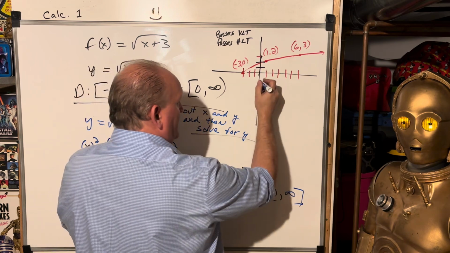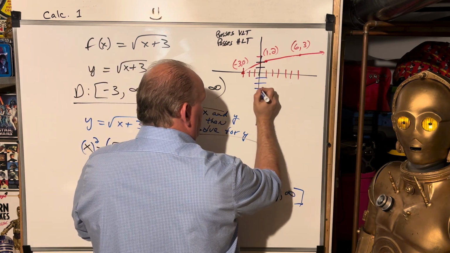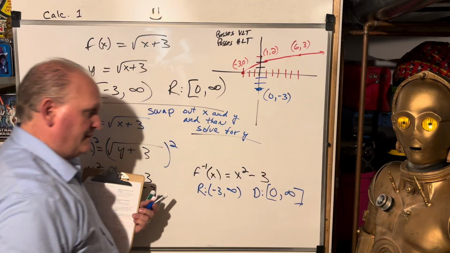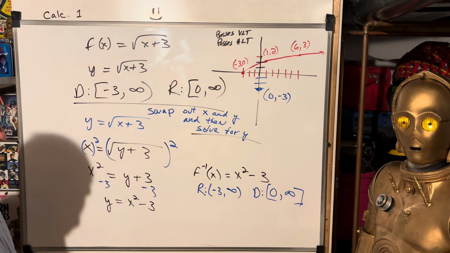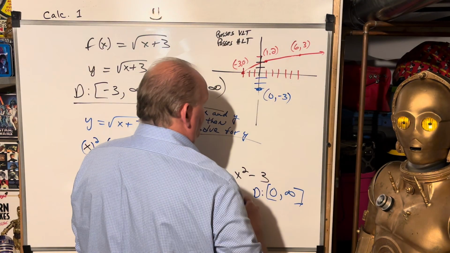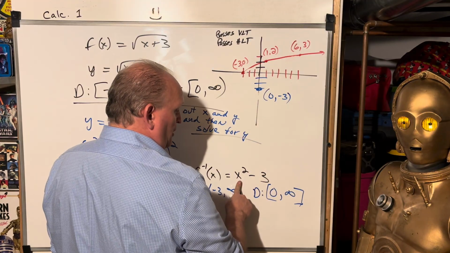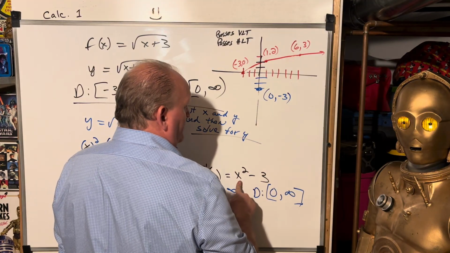So I put 0 in, and then 1, 2, 3. I get -3. And then again, I can put in 2. 2 squared is 4. 4 minus 3 is 1.